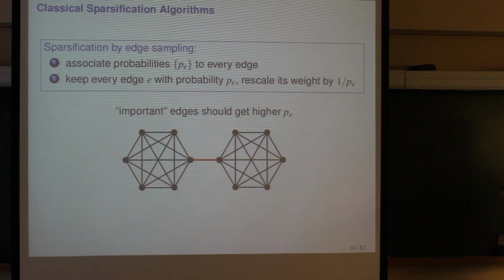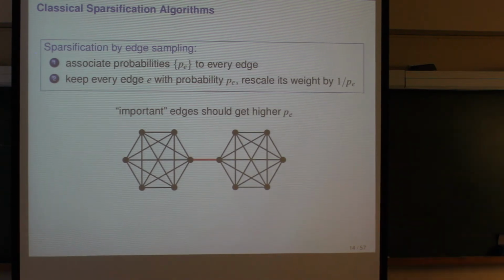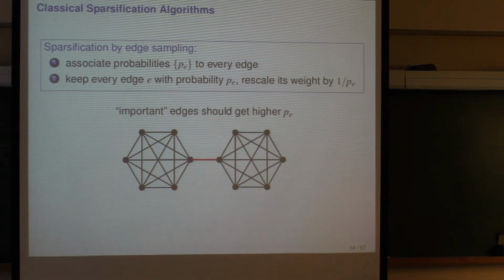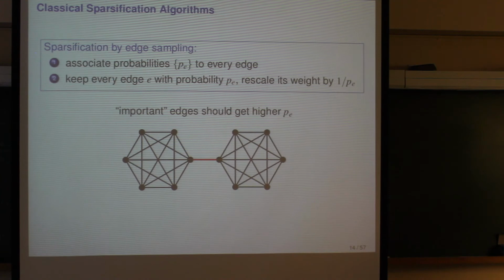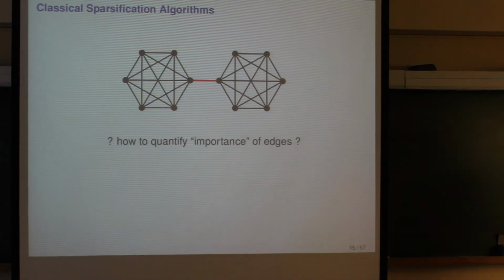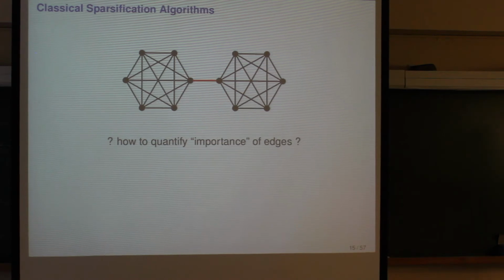For any individual edge, you cannot claim that you cannot miss it. These are all redundant in some sense. So the game is that you can associate a larger probability to this central edge and a smaller probability to all the other edges. In this example it is very clear, but in a more general graph, how do we quantify the importance of edges?